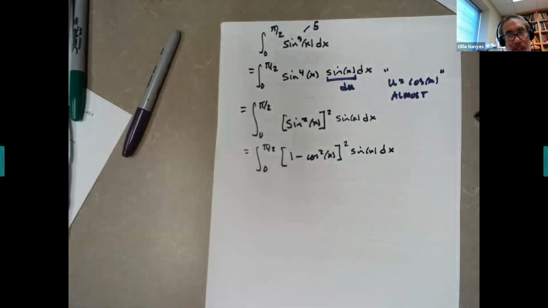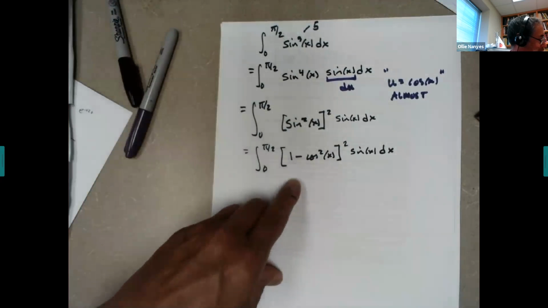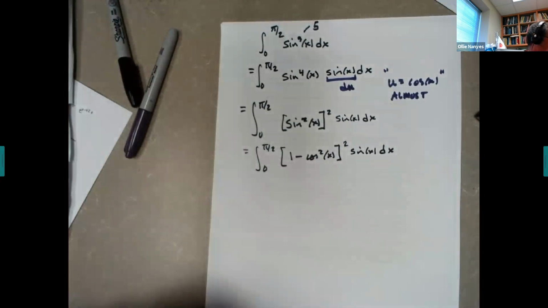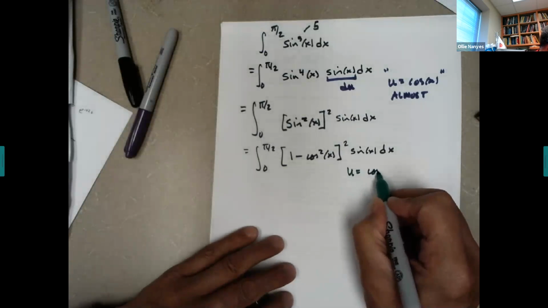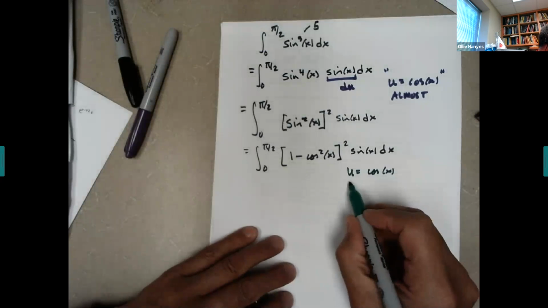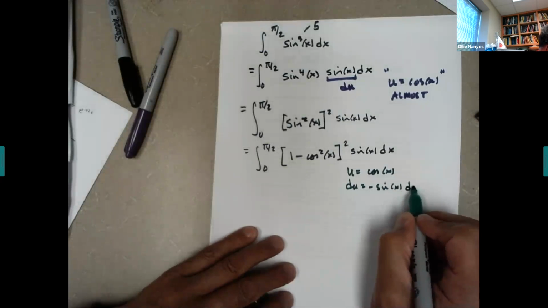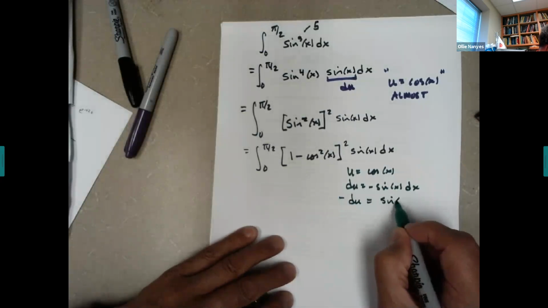Now we could square this out. It's my recommendation that we instead make the substitution and do it as follows. u equals cosine of x. du is minus sine of x dx, or minus du is sine of x dx.